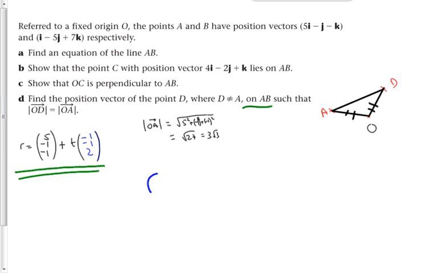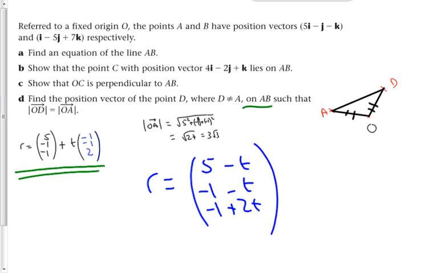R is equal to, I'm just going to remove the bracket, 5 minus t for the i component, -1 minus t, and -1 plus 2t. Any point will have that position vector. This technique is very common. If it lies on the line, it will have this position vector.